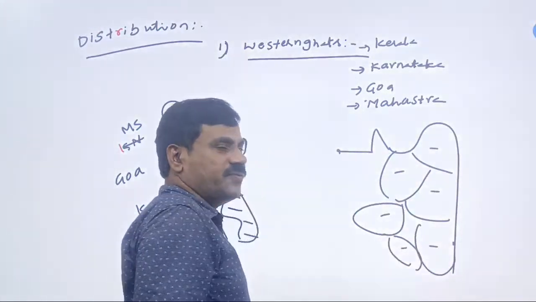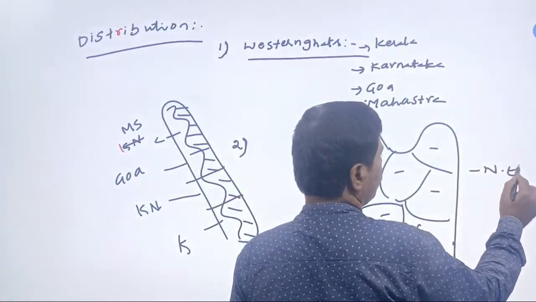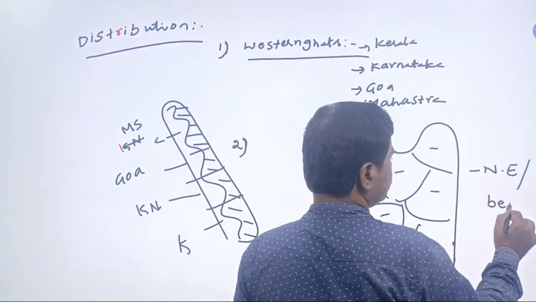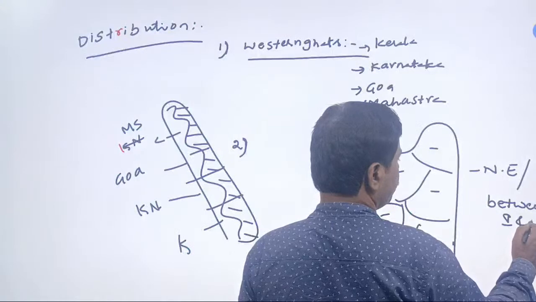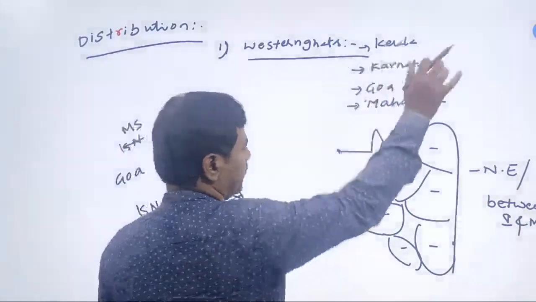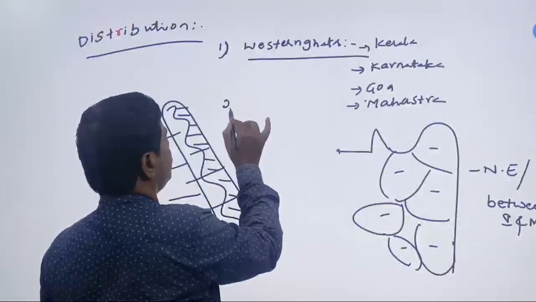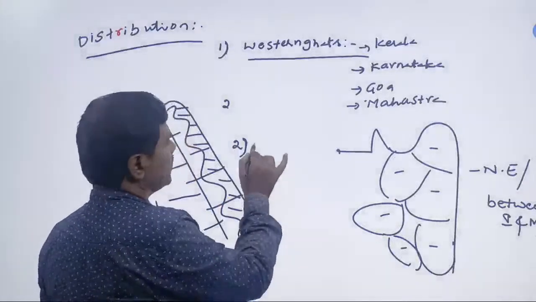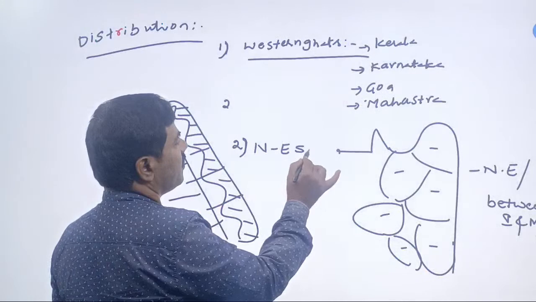Maximum growth of this forest area is in the northeastern states between India and Myanmar. This is the second position, the northeastern states of India.